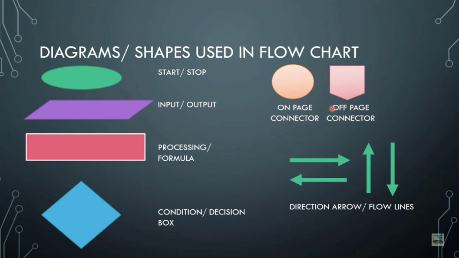When we are using connectors to connect two different pages, suppose your flowchart is not finished on one page and you continue the flowchart on the next page, we need to use the off-page connector. Okay, then comes the direction arrow, which is used to connect the boxes.